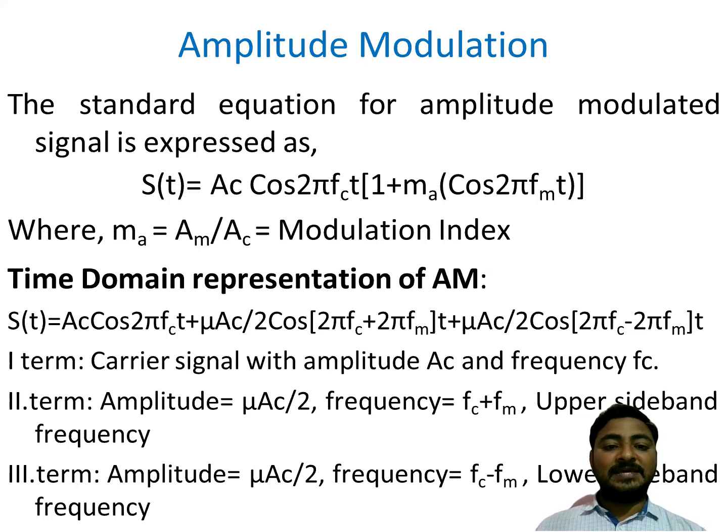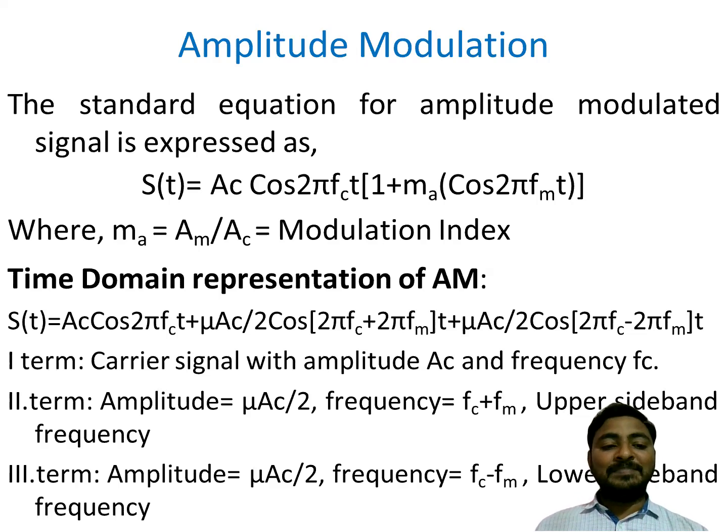FC is the frequency of the carrier signal, and MA is the modulation index. Modulation index is the ratio of the amplitude of the message signal to the amplitude of the carrier signal. Then MA, the modulation index, is equal to AM divided by AC. Next, I will discuss the time domain representation of AM.